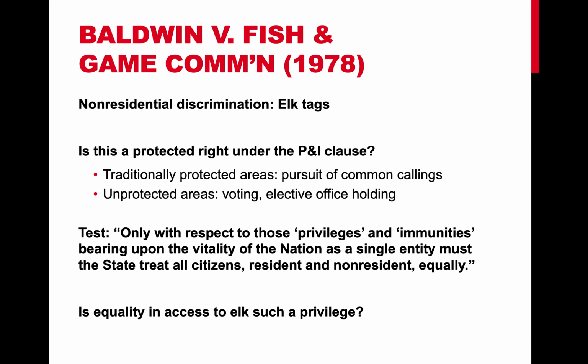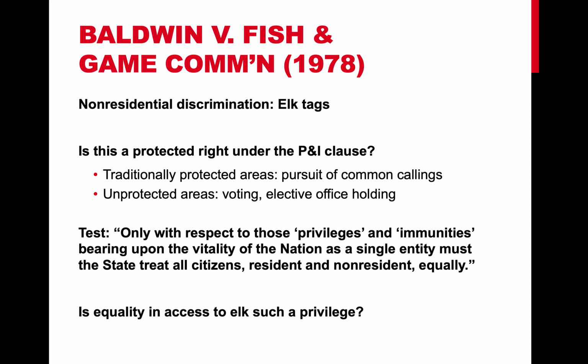So over to page 7, is this an interference with the Privileges and Immunities Clause? Does elk hunting bear upon the vitality of the nation as a single entity? And the court says, the middle of page 7, merely to ask the question seems to provide the answer. Now, that's not much of an analysis.